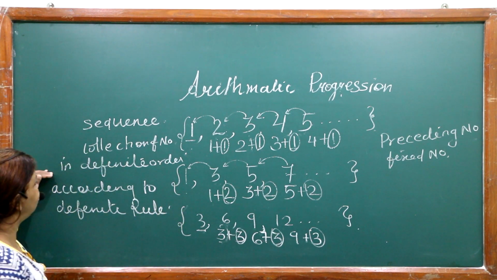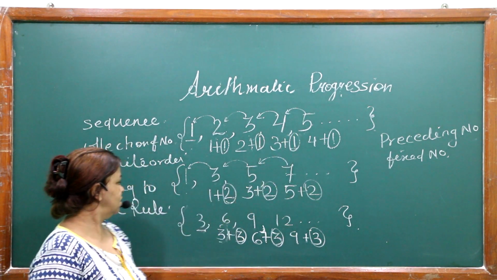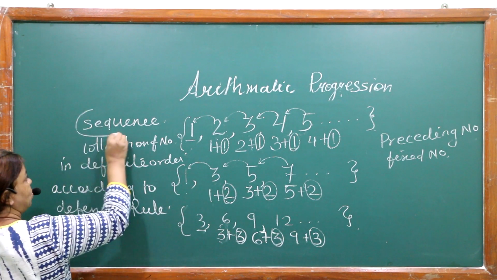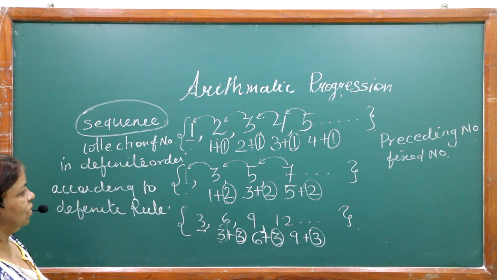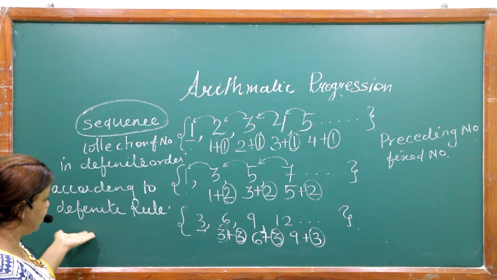So a collection of numbers in definite order according to a definite rule is known as a sequence. So we have begun with some examples, and you also know what a sequence is.